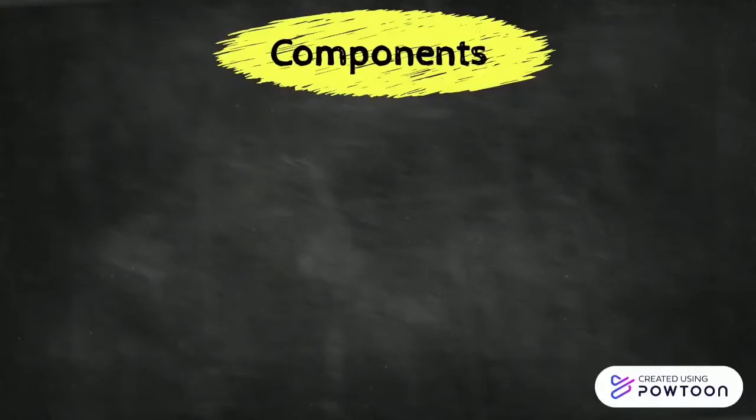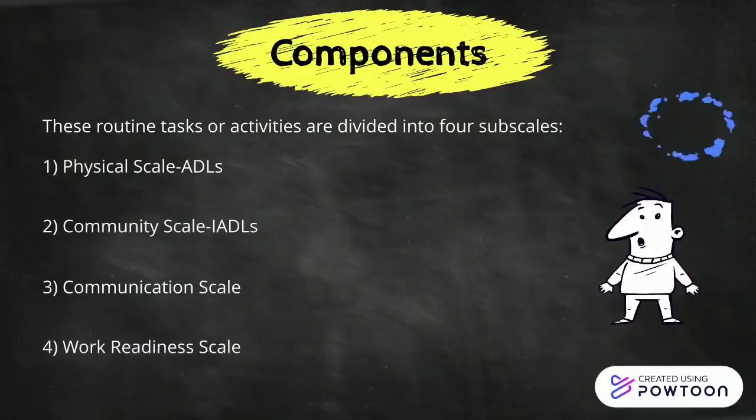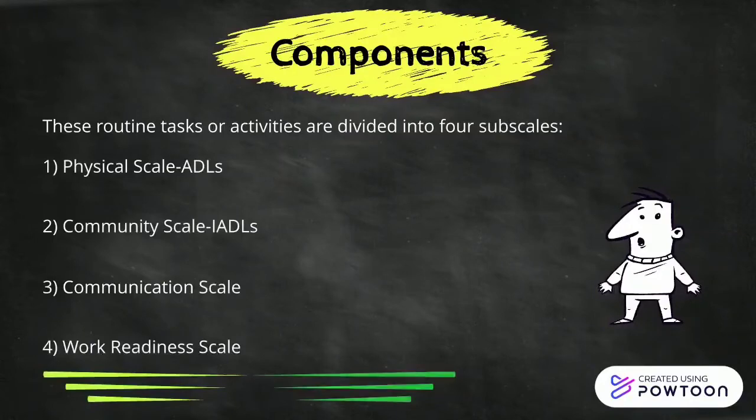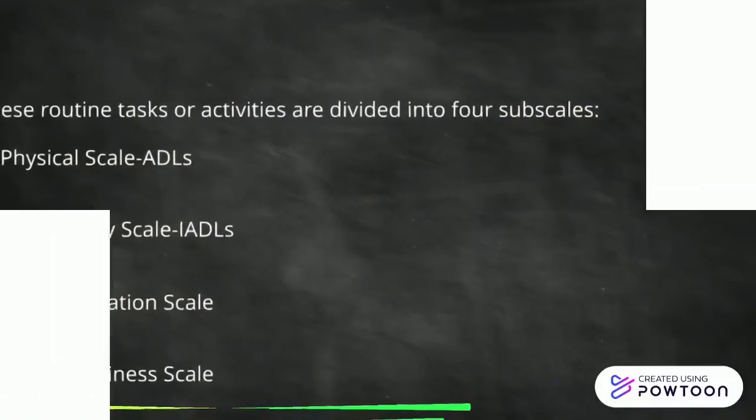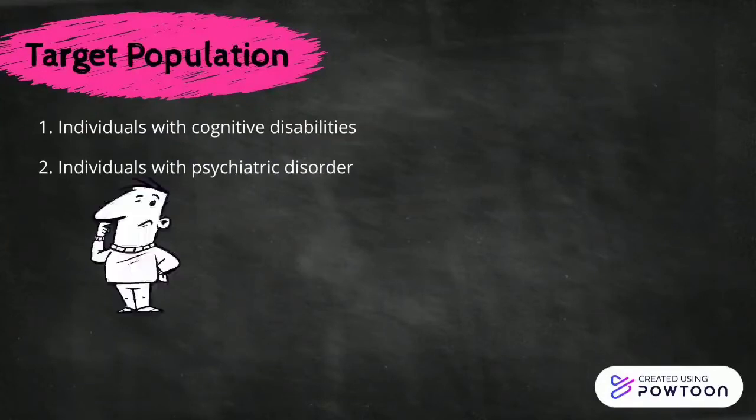The RTI has 26 items divided into 4 subscales, which are physical skill, community skill, communication skill, and work readiness skill. This assessment can be used with individuals with cognitive disability and psychiatric disorder.